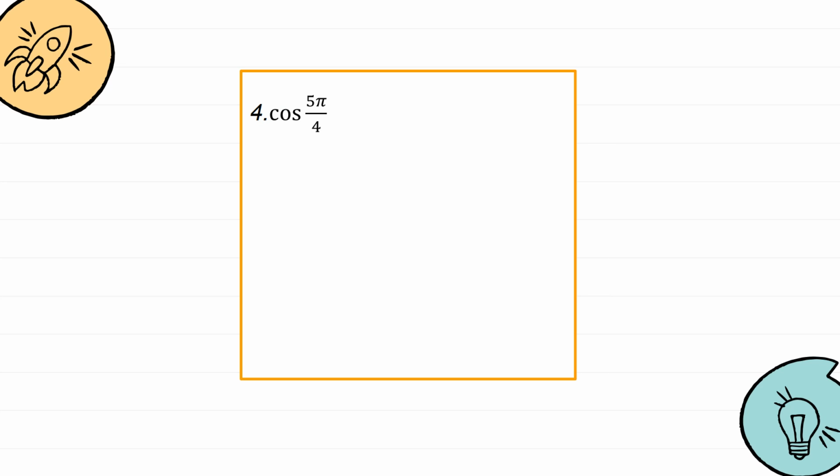For number 4, we have cosine 5 pi over 4. We need to identify the coordinates. That's 5 pi over 4. If you have done the examples that we did in number 1, 5 pi over 4 is simply negative square root of 2 over 2, negative square root of 2 over 2. So that's its coordinates. Okay?